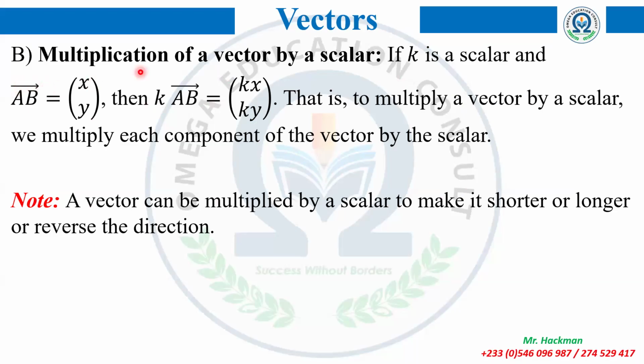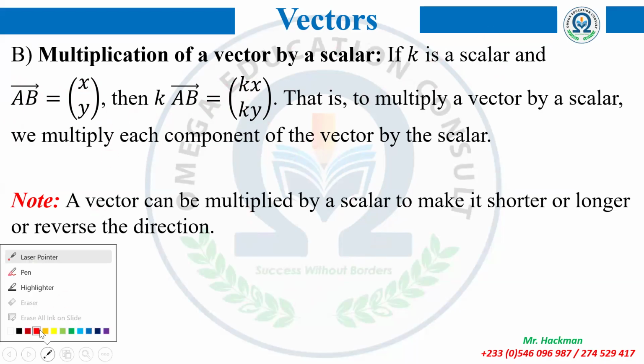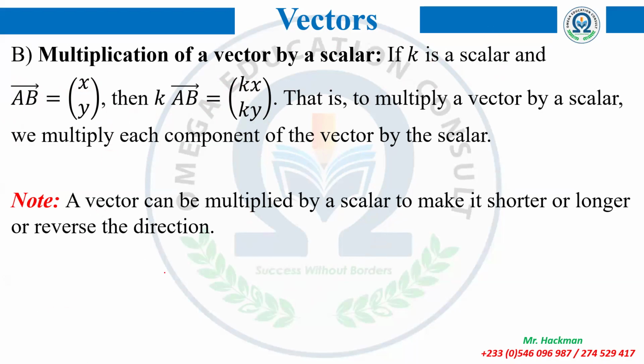So now what do we do? If k is a scalar and the vector AB is equal to, so here I'm dealing with only one vector, with the components x, y, then the scalar k times the vector AB will be equal to k times what? At the normal circumstance, that's how it's supposed to be. So it's supposed to be k times your vector with the components x, y, which, just like a point, you apply the scalar factor.